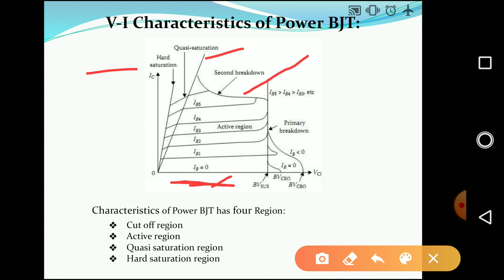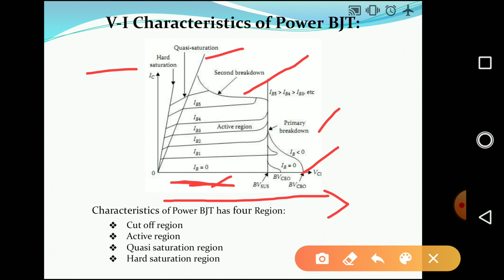If we increase the collector to emitter voltage, and the voltage reaches beyond the breakdown voltage with base current 0, then that is called a primary breakdown.